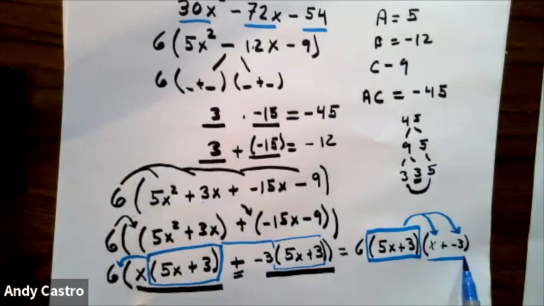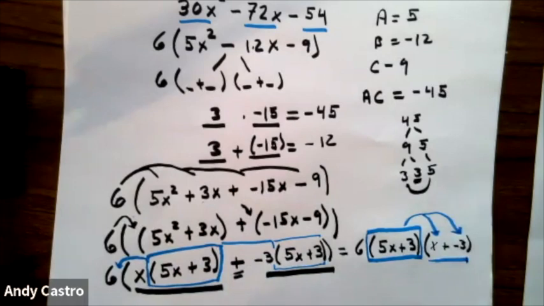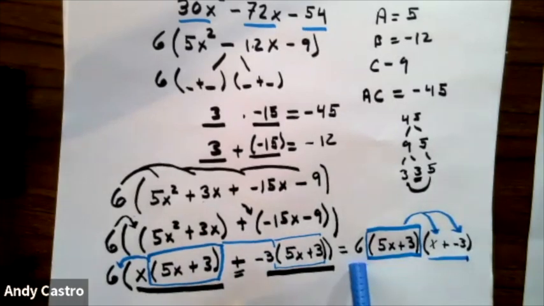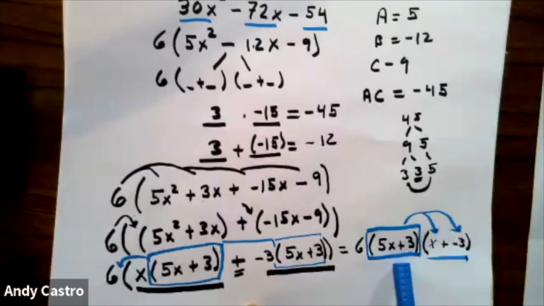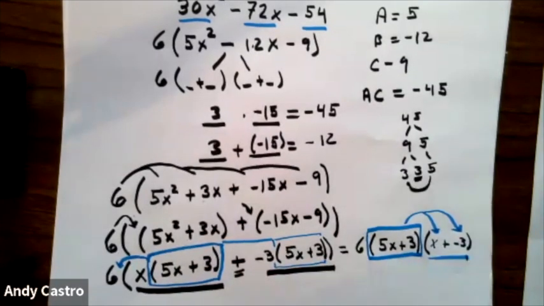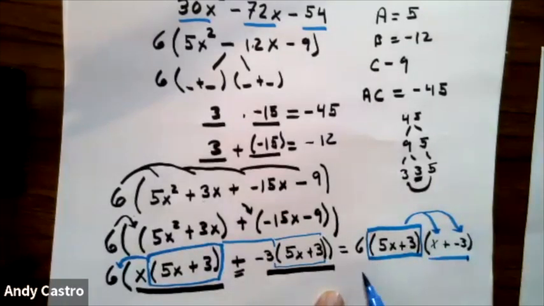That's what's there. Okay. So then my 6 is also outside. I have 3 factors. 6. My second factor is 5x plus 3. My third factor is x plus negative 3. Now, how can they be factors if I have a plus sign? Because I have parentheses.